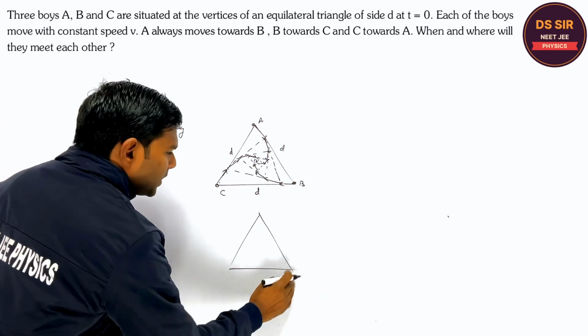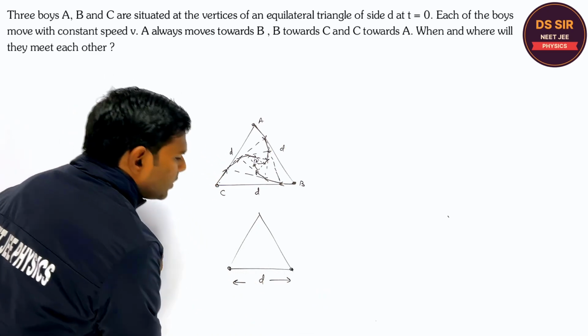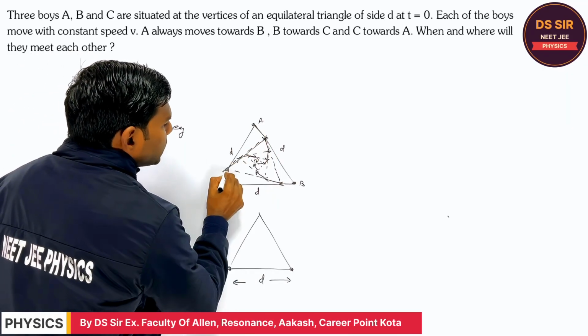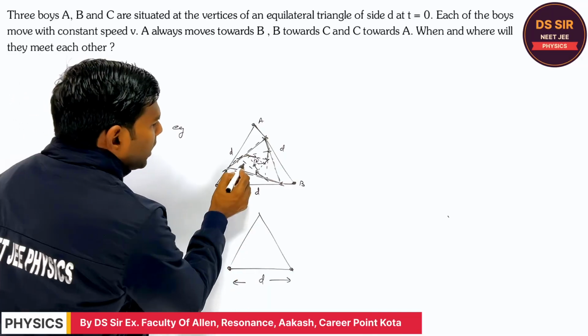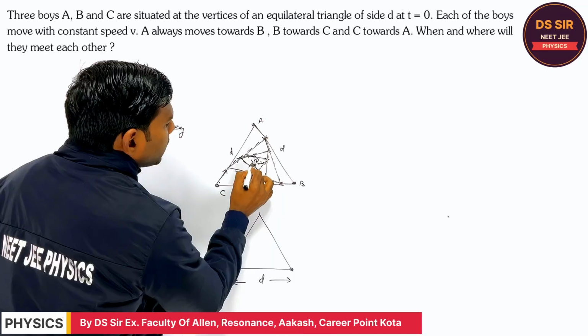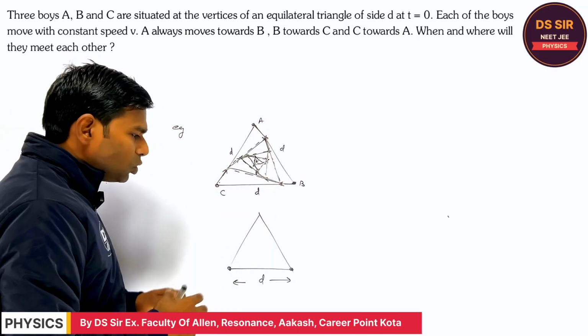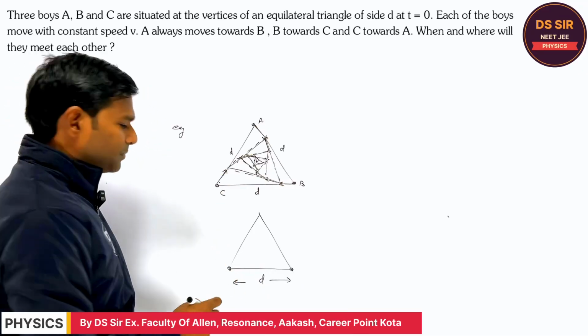Actually what is happening: the initial side of the equilateral triangle is D. When they reach this point, they again form an equilateral triangle, and again, and again. So the side of the equilateral triangle is continuously decreasing.